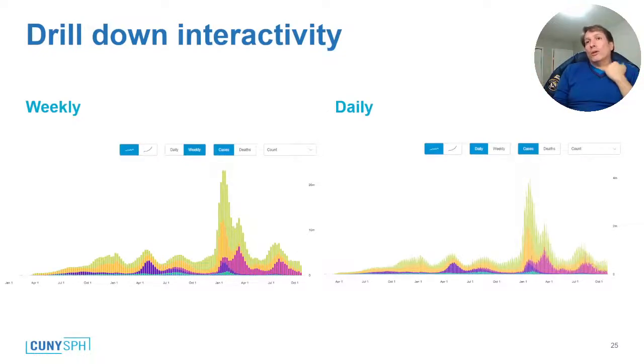And as you saw, then we have the behavior of the COVID pandemic in a 7-day average, but we can look into what is going on on a daily basis.